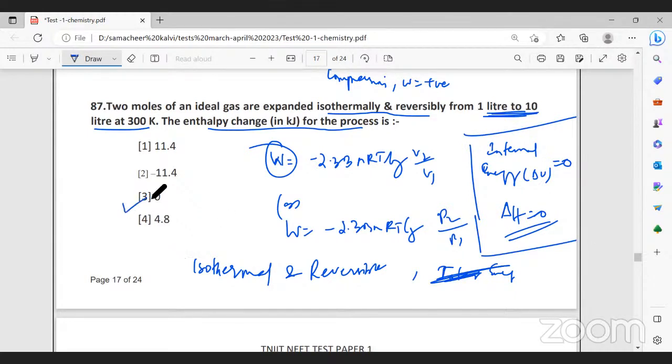Hence, the answer for this question is option 3. You should not try to keep calculating the work done and get confused. They're asking enthalpy. If they had asked work done, you can use this formula and calculate. But the question is not based on work, it is based on enthalpy change. Enthalpy change for an isothermal and reversible process is always 0. Not only enthalpy, internal energy change is also 0. Hence, the answer is option 3.